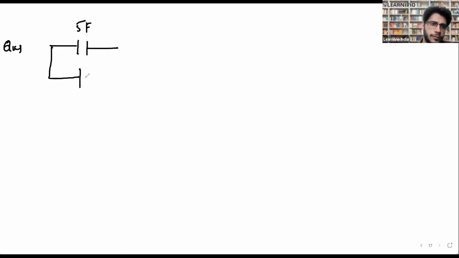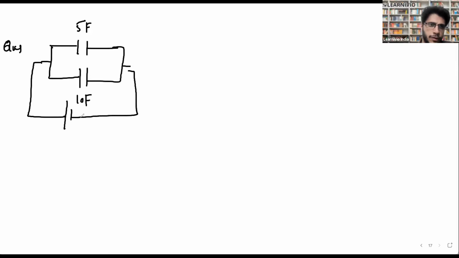No, again. We'll do two numericals, one on capacitor, one on resistor. So one is 5 farad, ten farad, are connected to the cell of 10 volts.